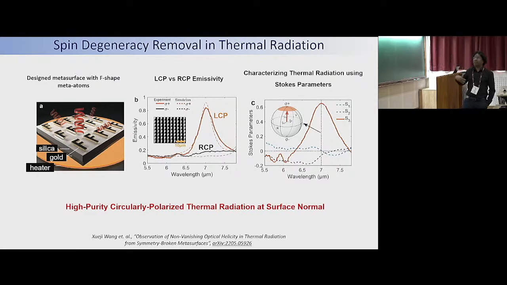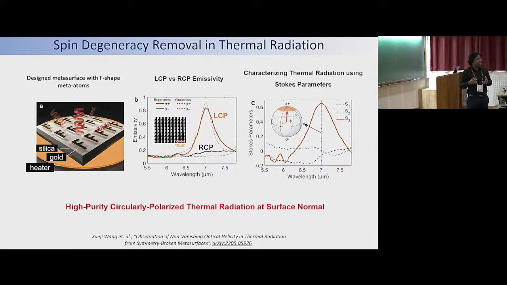Now, if you define the Stokes parameters exactly the same way as you do for, say, a laser beam, but now you do the same Stokes parameter analysis for the thermal radiation, you will see that the purity is 60%, just because you've heated an object, but it's emitting more preferentially one circularly polarized handedness.